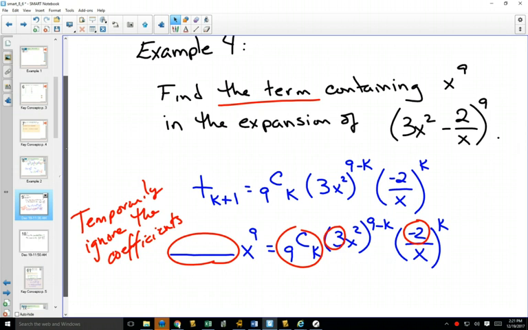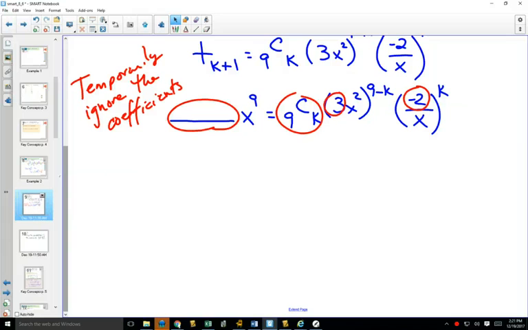So on the left-hand side, if I ignore the coefficient, I would just have an x to the 9. On the right-hand side, if I use my exponent laws, I have x squared to the power of 9 minus k. Can you see that that would be x to the 18 minus 2k, if I applied my exponent law?